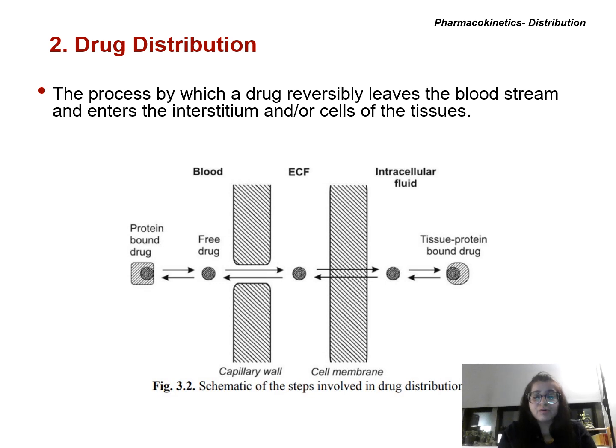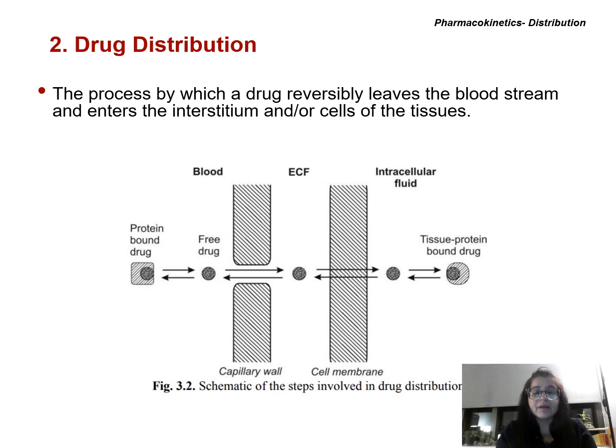So what is distribution? Distribution is a process in which the drug reversibly leaves the blood compartment and enters into the extracellular fluid or into the cells and tissues of the body. This process is reversible. What does it mean?